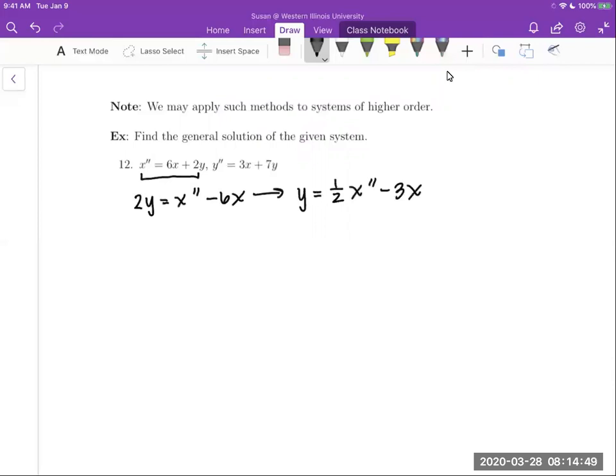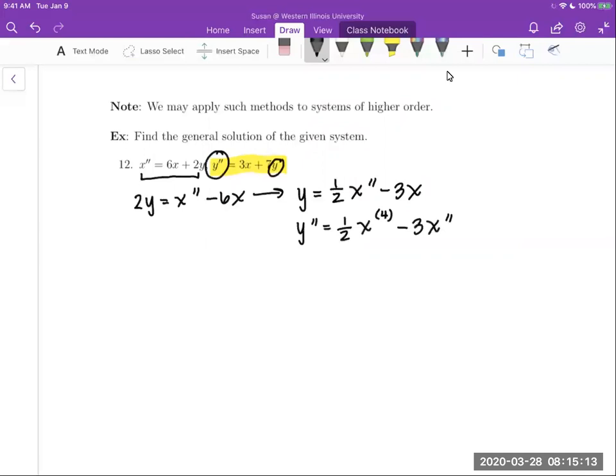So here's my expression for y. When I look at this second DE, I do need an expression for y, but I also need an expression for the second derivative. So I'm not even going to worry about the first derivative, but the second derivative, y double prime, is going to be 1/2 the fourth derivative of x minus 3x double prime.